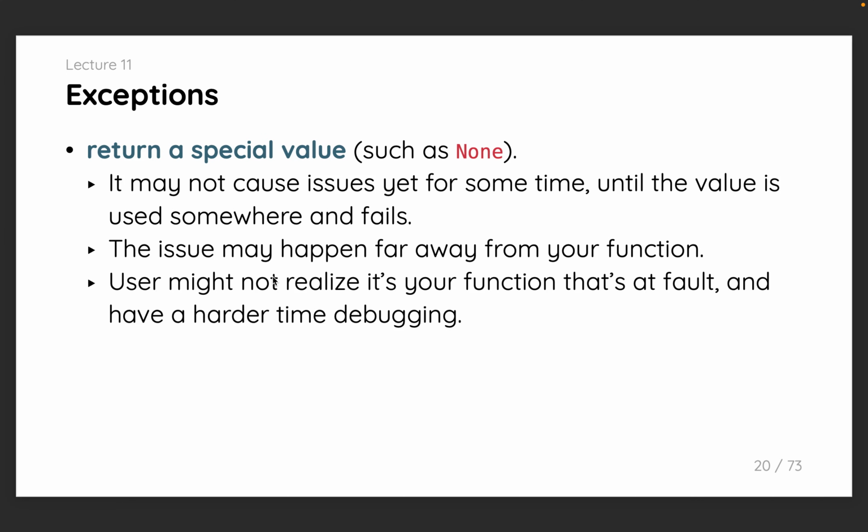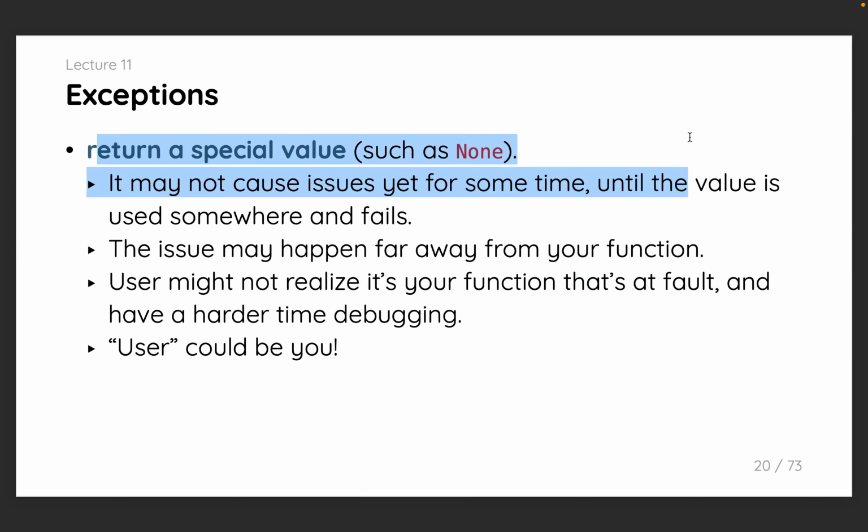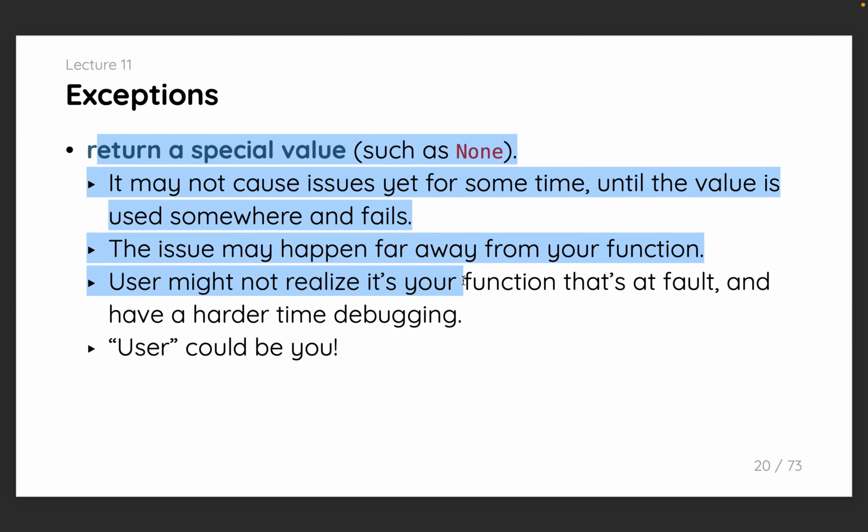So the worst case is that the user might not even realize that it's not their issue, it's your issue. It's not their function that is causing the problem, it's your function that's causing the problem. So once again, the user here could be you. So in simple terms, you might end up gaslighting yourself. So don't try to return special values if you don't want to gaslight yourself.